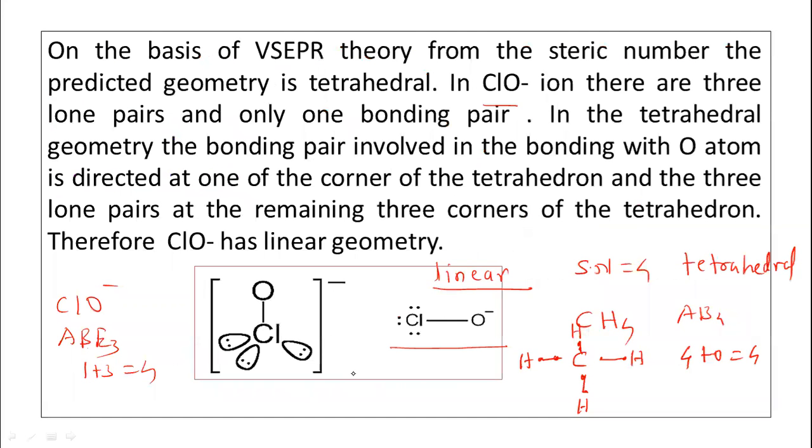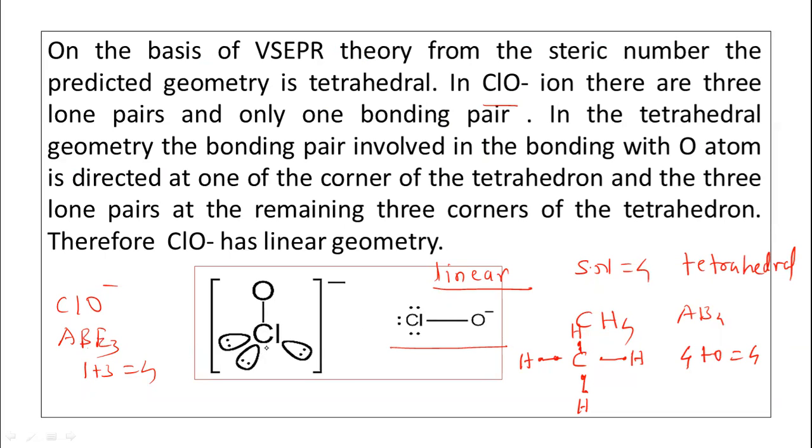So let us try to draw the tetrahedral geometry of the molecule. On the basis of VSEPR theory, from the steric number, the predicted geometry is tetrahedral. In the hypochlorite ion, there are three lone pair electrons on the chlorine, and only one bonding pair electron.